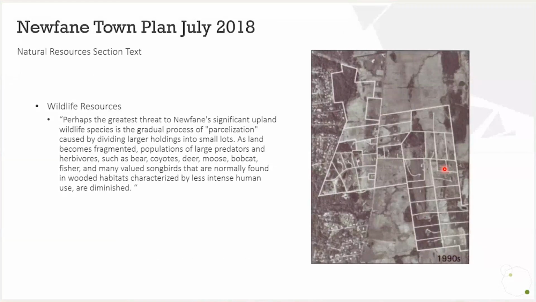So here in the Newfane town plan from July 2018, there's a wildlife resource section. And it starts out with: perhaps the greatest threat to Newfane's significant upland wildlife species is the gradual process of parcelization, taking bigger parcels and dividing them up into smaller and smaller lots. So that's how it starts, calling out this process of parcelization as a problem.